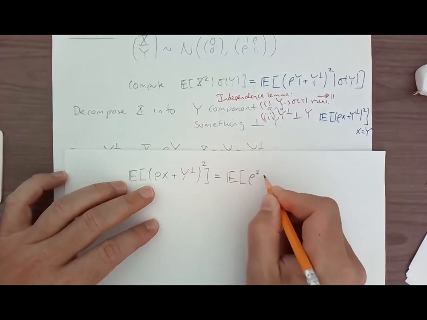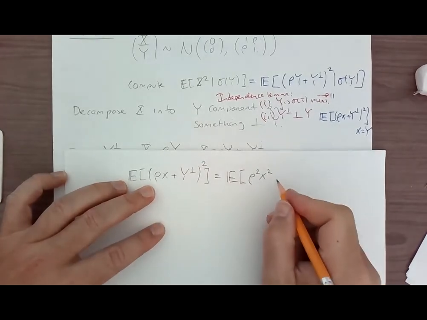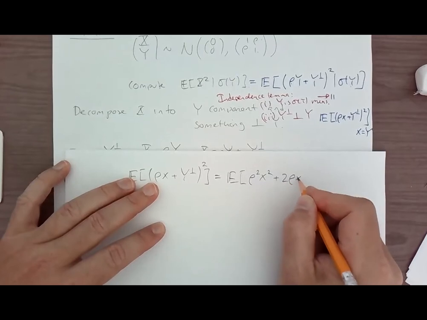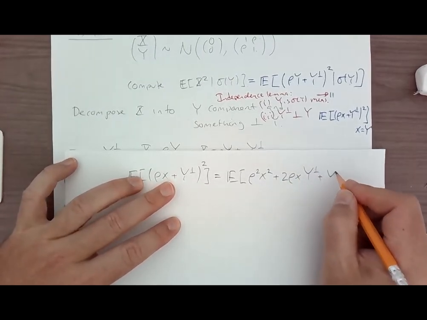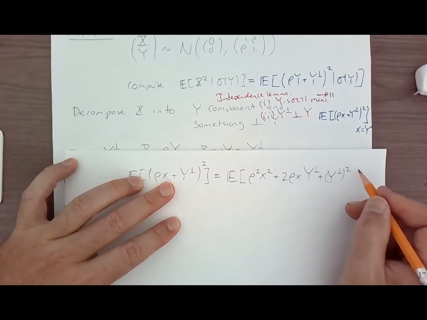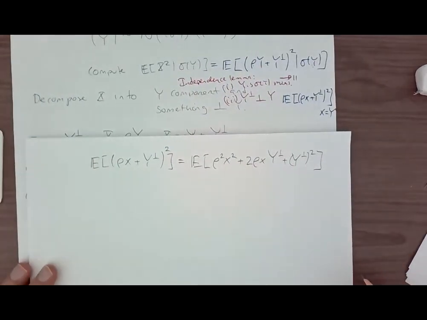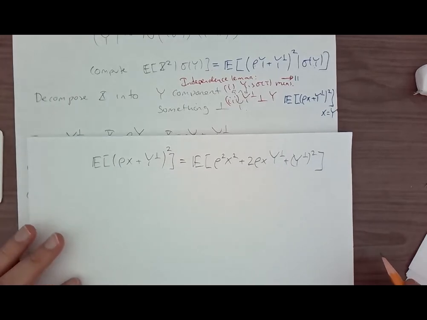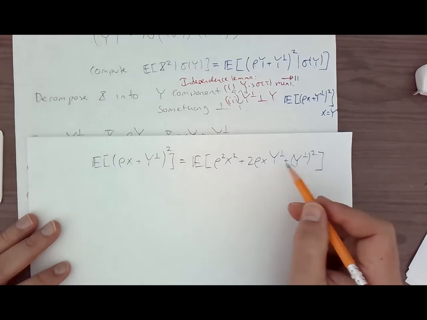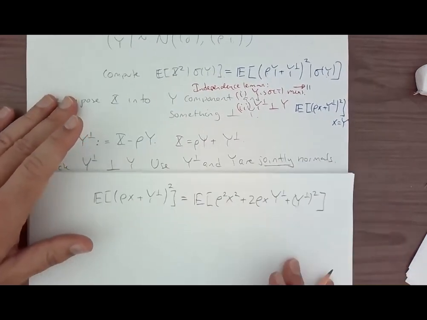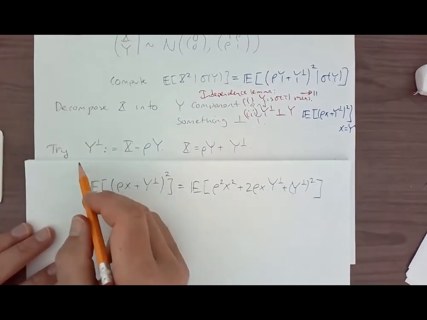So this is rho squared x squared plus 2 rho x y perpendicular plus y perpendicular squared. What is this expectation? Well, we're going to need the mean and the variance of y perpendicular. There's no way around it.